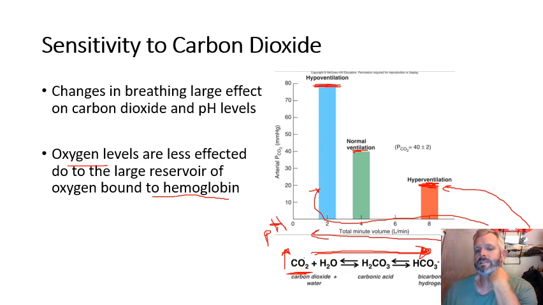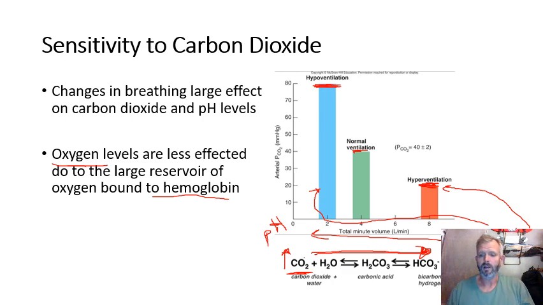So this changes these levels in the blood more drastically, and therefore typically what regulates our ventilation is our CO2 levels, or the pH of the blood, which is the bigger draw for regulating how deeply and how quickly I breathe. Those are two factors in breathing that we can affect.